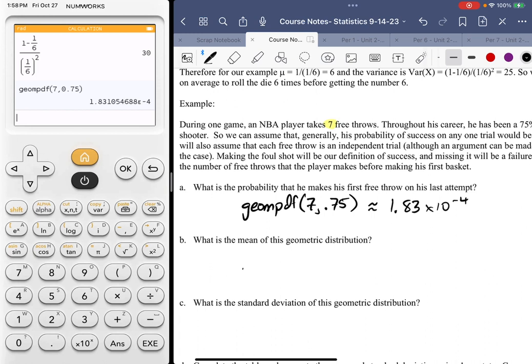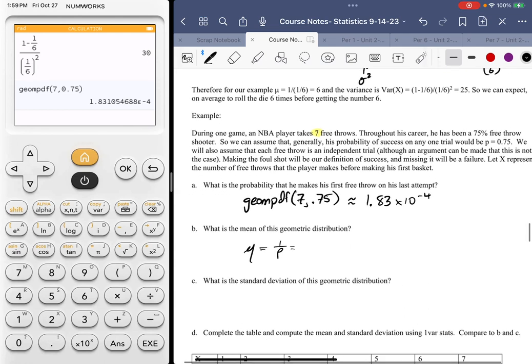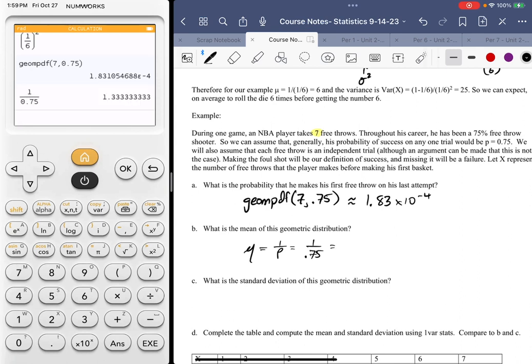The mean of the geometric distribution would be 1 over whatever the probability is. So they said 0.75. So 1 over 0.75. You could say 1 over 3/4 if you want. You get that value. You could say 1.3 repeated, or you could say 4/3. Keep it clean. Right? That's the number of shots it should take before he makes the first shot.